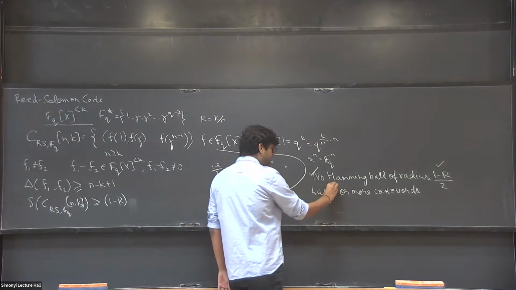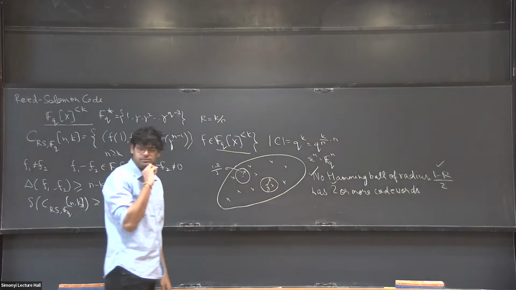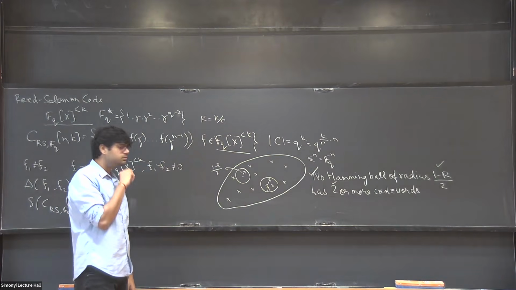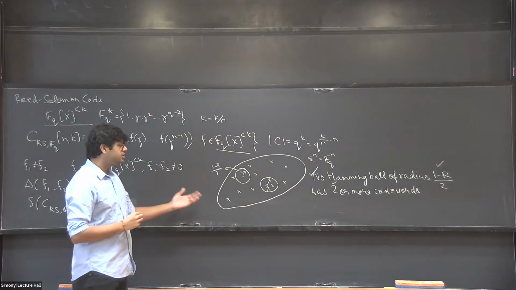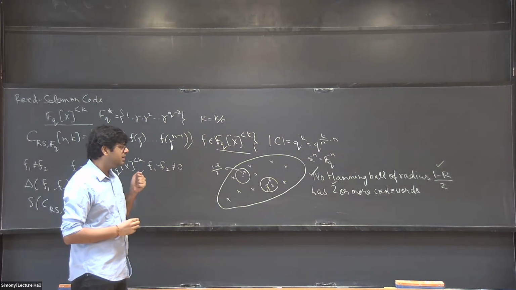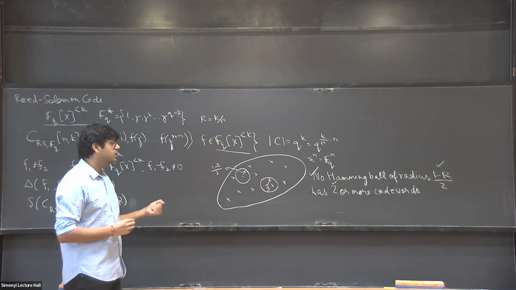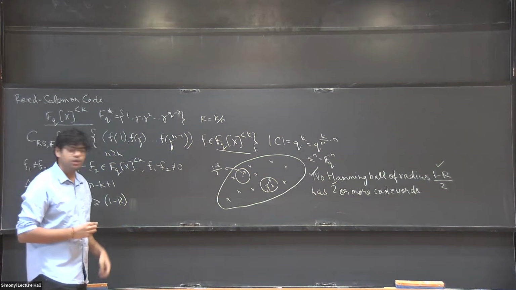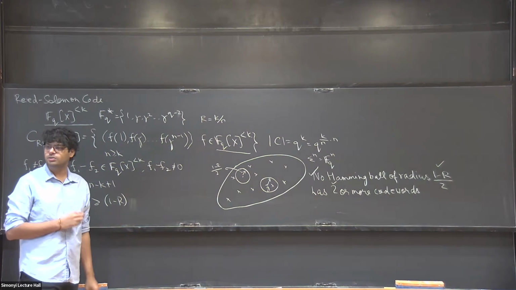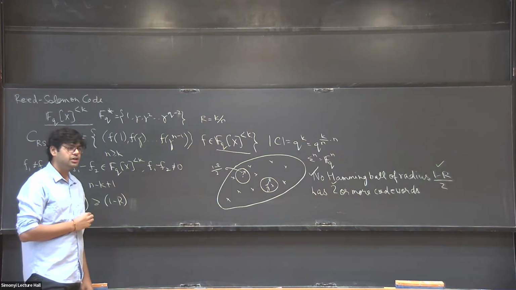But maybe we can try to improve this part. So a natural generalization of this would be: no Hamming ball of radius, maybe more than (1 minus r) over 2 now, has 3 or more code words. So I'm okay with 2, but I won't allow 3 code words.